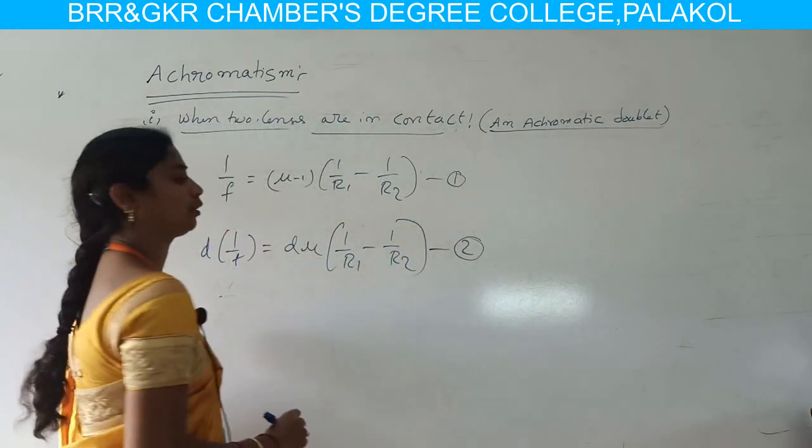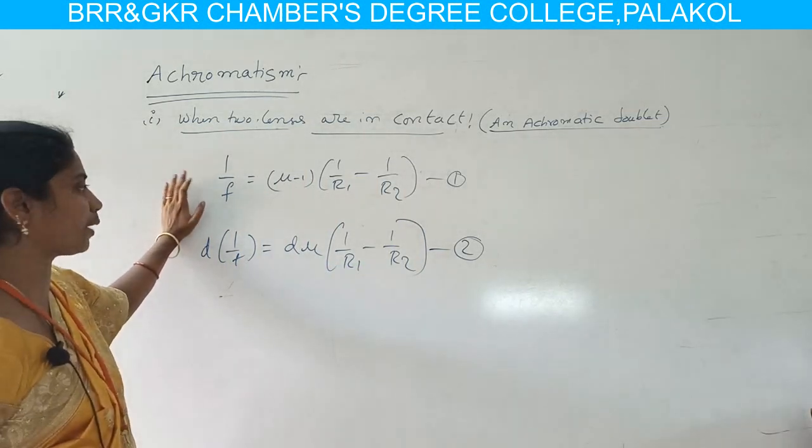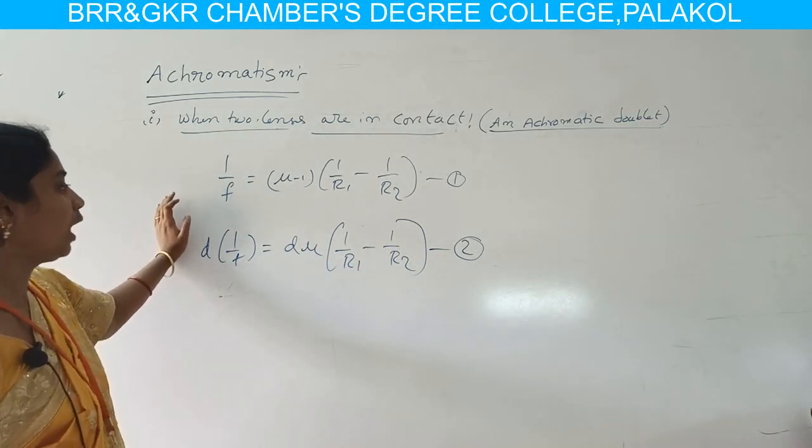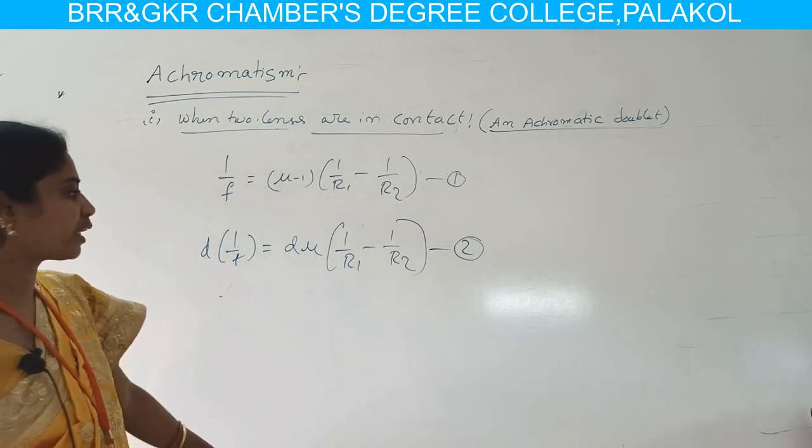This is equation 2. We first considered the lens formula, 1 by f equal to mu minus 1 into 1 by r1 minus 1 by r2, as equation 1. Differentiating this equation, d into 1 by f equal to d mu into 1 by r1 minus 1 by r2.